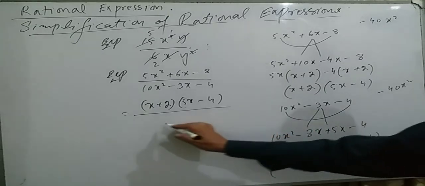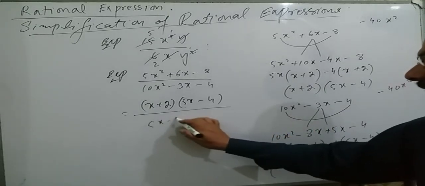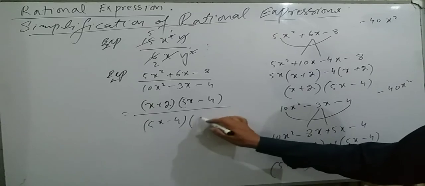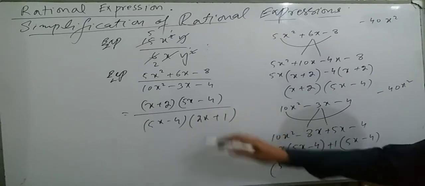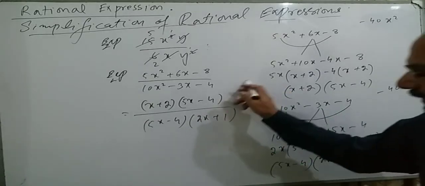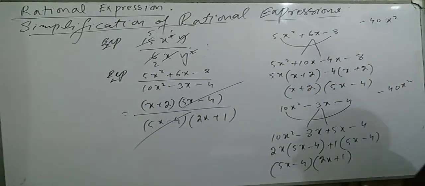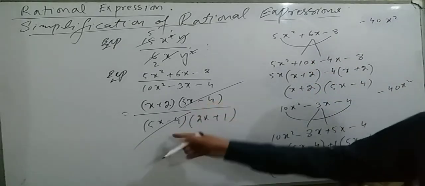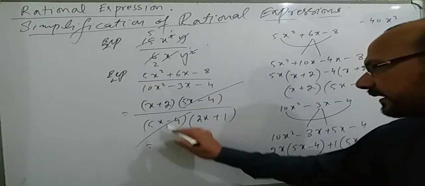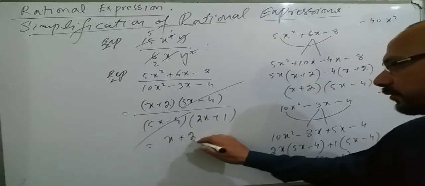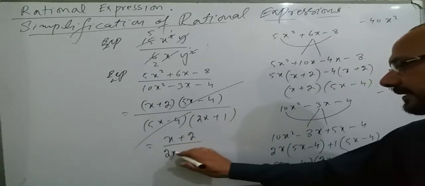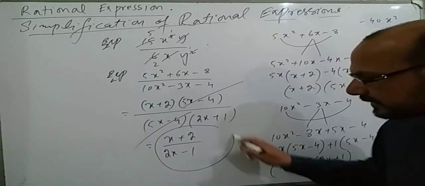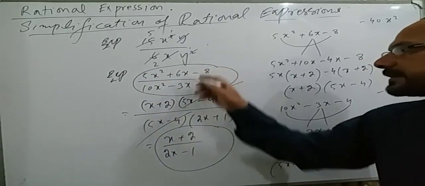Now put here 5x minus 4 and 2x plus 1. Now if you see in the numerator and denominator, we have a chance to do cancellation. What will remain? x plus 2 divided by 2x plus 1. This will be the simplified form of this expression.